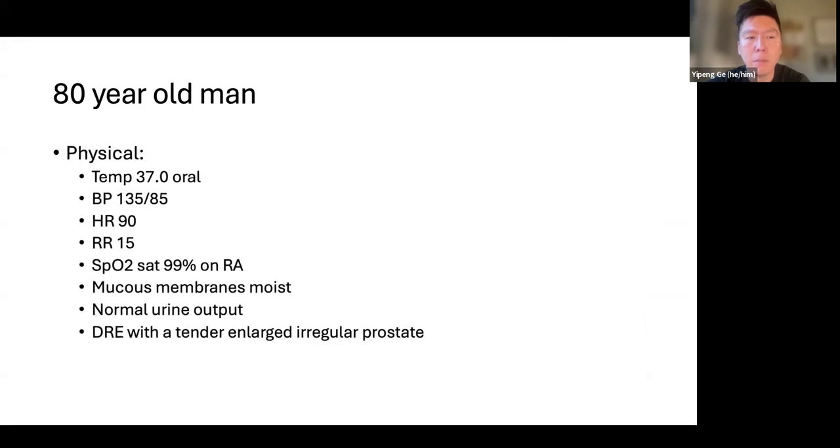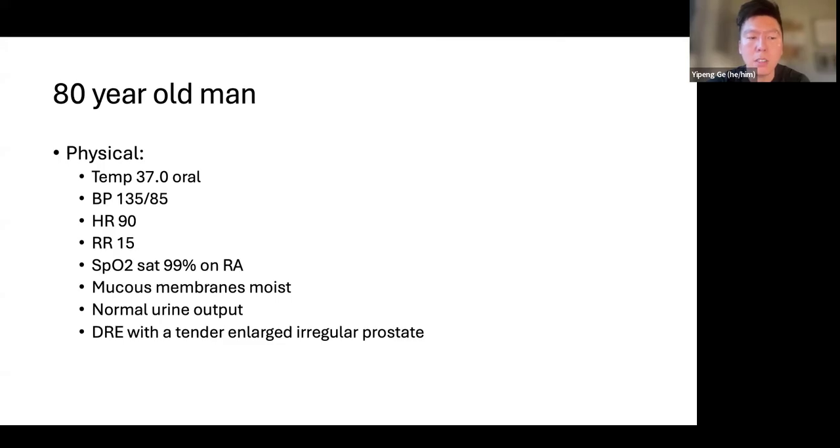His physical exam shows a temperature of 37 degrees, blood pressure of 138 over 85, a heart rate of 90, a respiratory rate of 15, and an oxygen saturation of 99% on room air. Mucous membranes are moist and normal urine output.